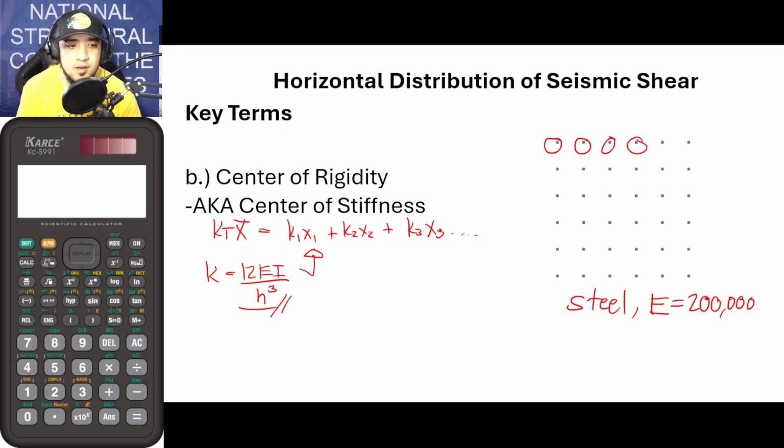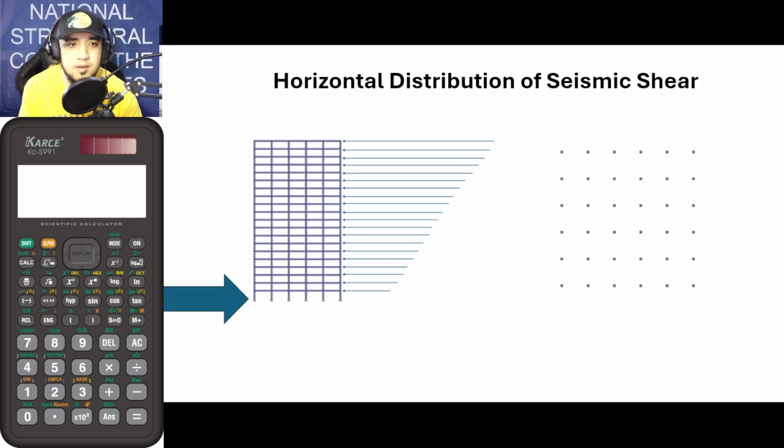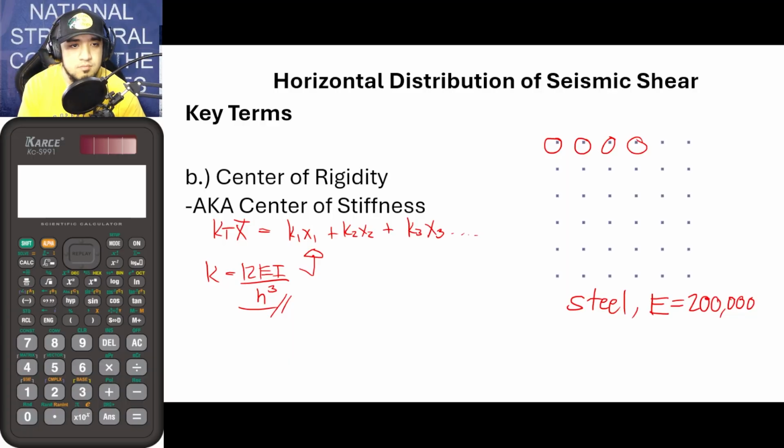And suppose that you are analyzing a particular floor where all of the columns have the same height. Then we could say that in this particular equation, the value of H is also constant.